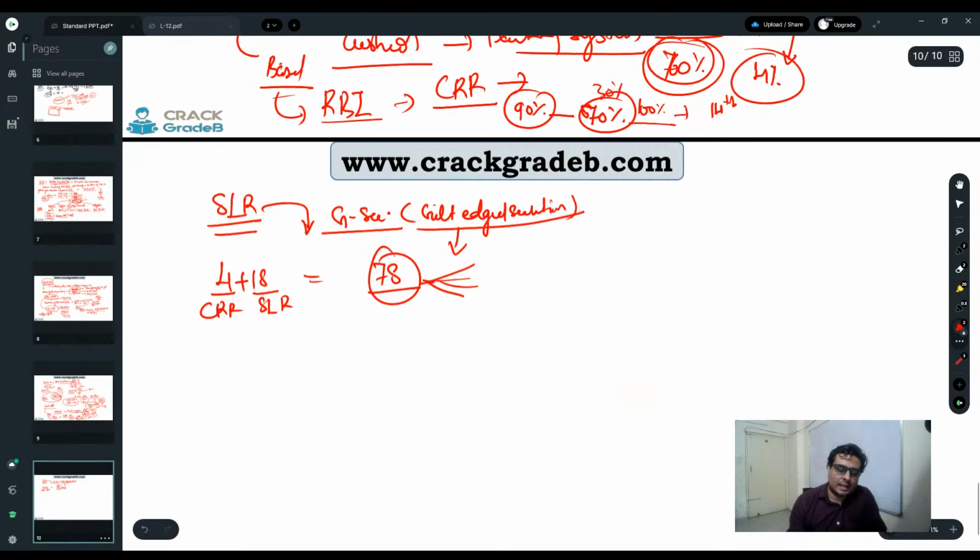Low risk, high risk, right? Though there are certain RBI norms, there is a possibility of loss. So if there is any kind of loss here, that can be cushioned or managed by whatever profit you get from the government securities.